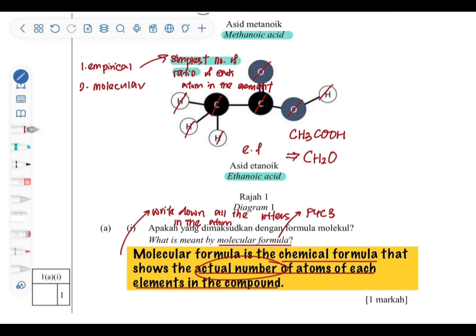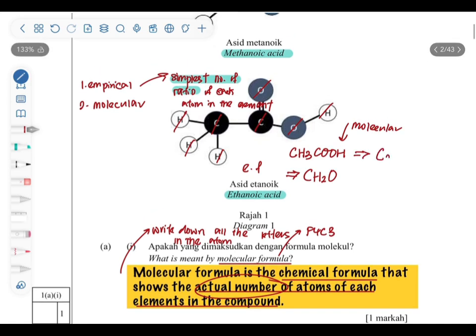So how I get this answer is because this is our molecular formula. You can also write it as C2H4O2, as long as you write out all the number of atoms for the compound.